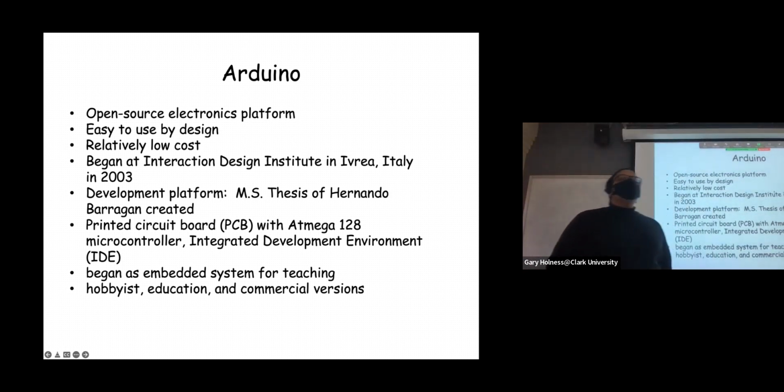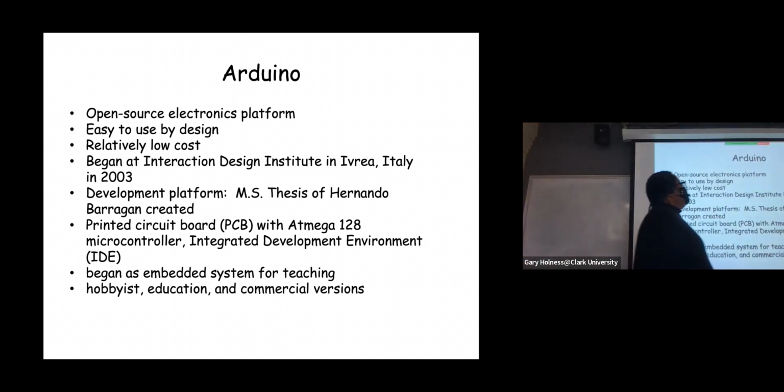And so it was designed specifically to be easy to use, and it was the result of somebody's master's thesis, right? So you can do very impactful work in a relatively short order, just in a two-year master's. Question? A clone board? A clone board is a board that some other manufacturer has decided to produce and sell, and it should be ideally compatible with the specification.